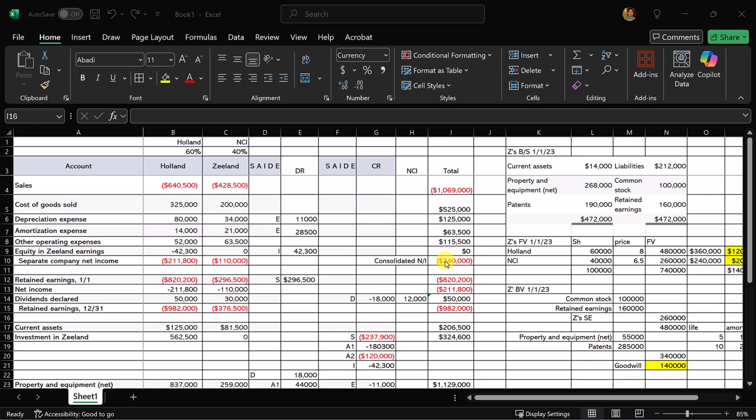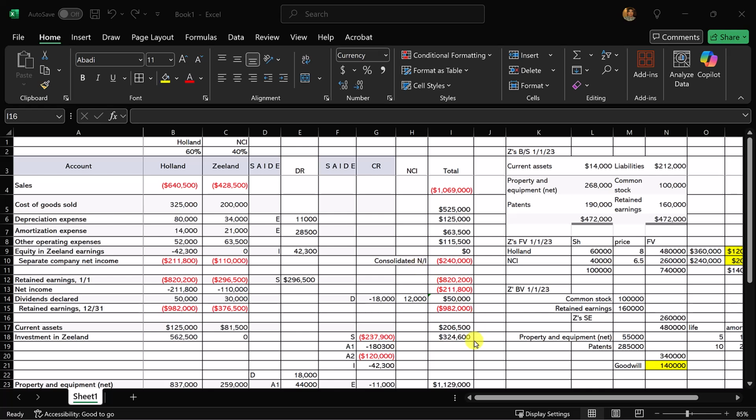And we need to allocate part of this to the non-controlling interest, which I pretty much know is going to be the difference between this number and this number here. Again, I'm getting that amount from here, yeah? Because I know all of this has to match over here. But I want to double check how much to allocate to the non-controlling interests.